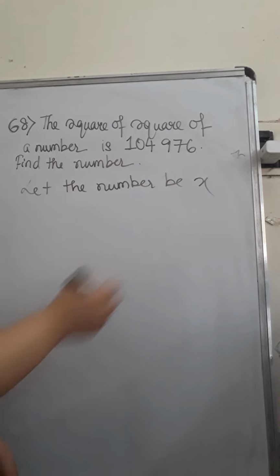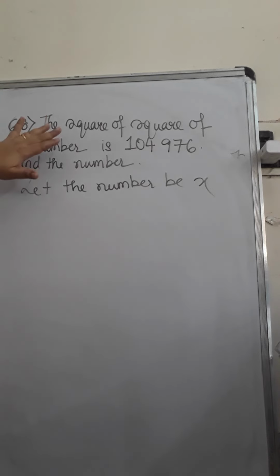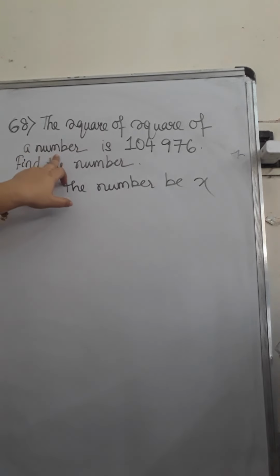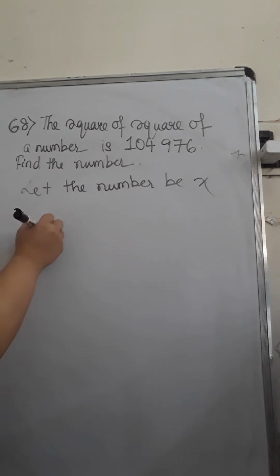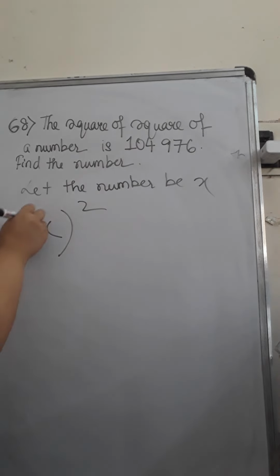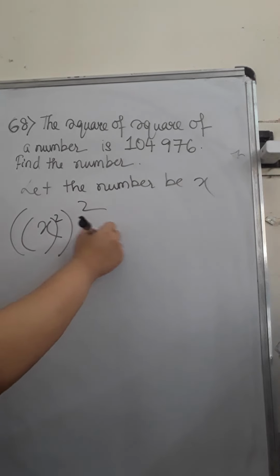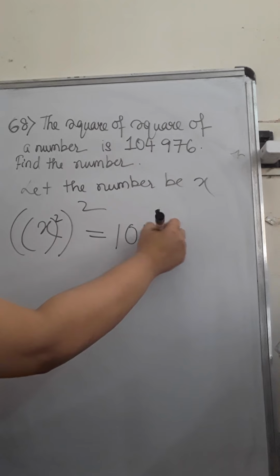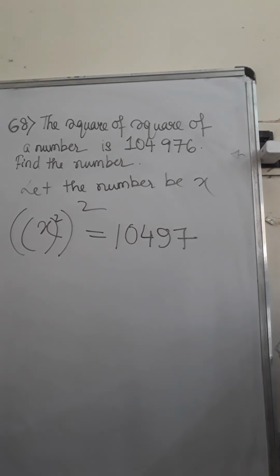We don't know the unknown number x, and what is given in the question is that the square of the number, that means the square of this number x, that is square, is equal to 104976. Find the unknown number x.